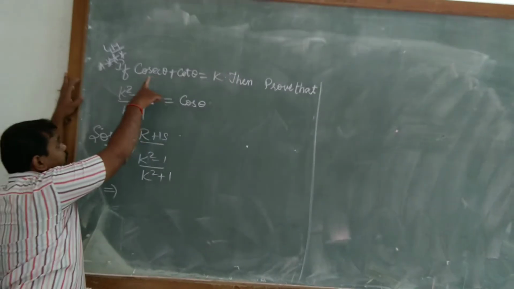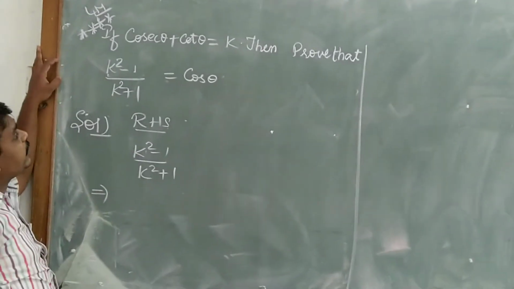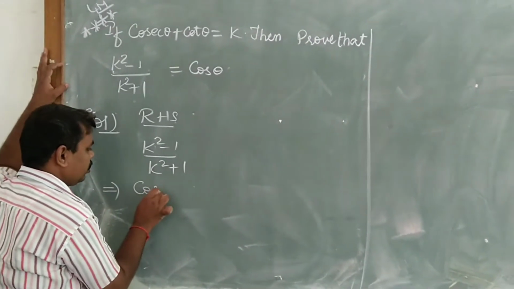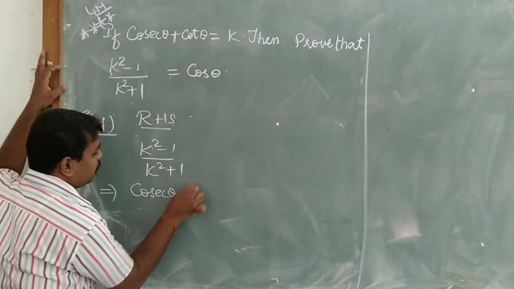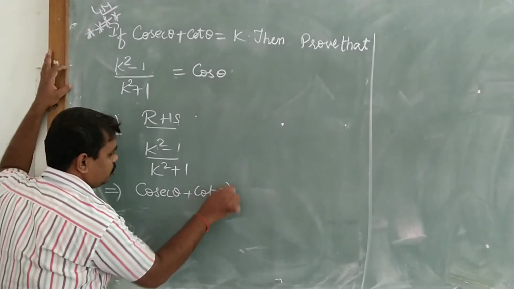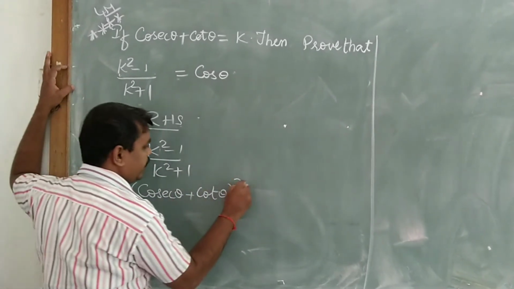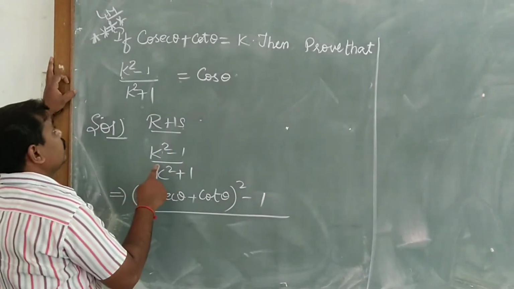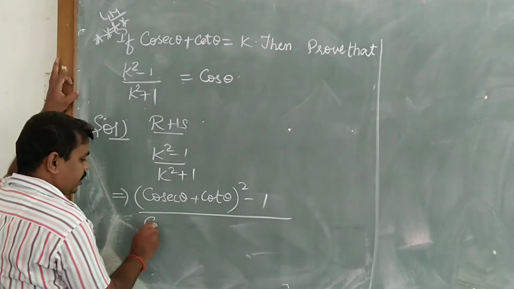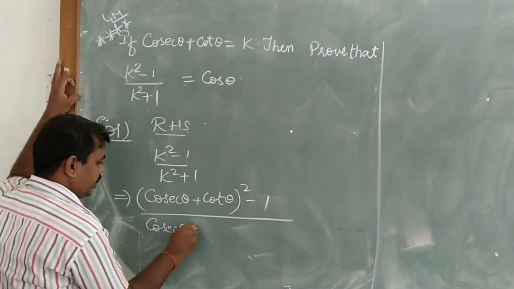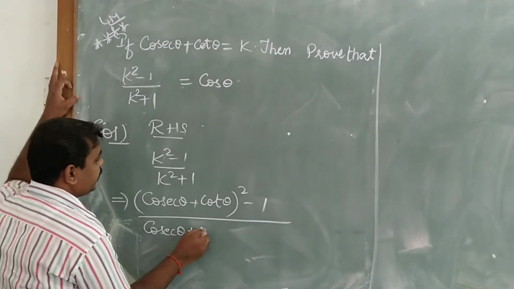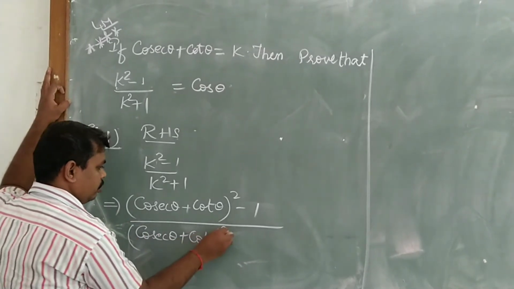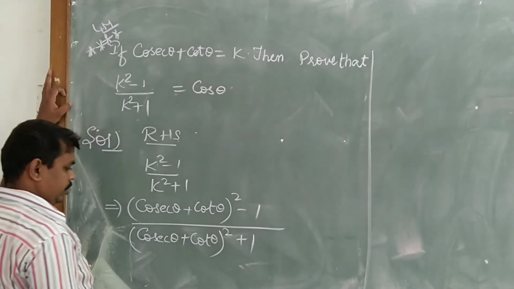What is k according to our given problem? Cosecant theta plus cot theta. Substitute here. (Cosecant theta plus cot theta) whole square minus 1 by, what is the k value? (Cosecant theta plus cot theta) whole square plus 1.